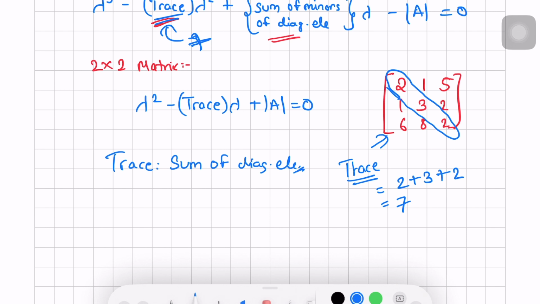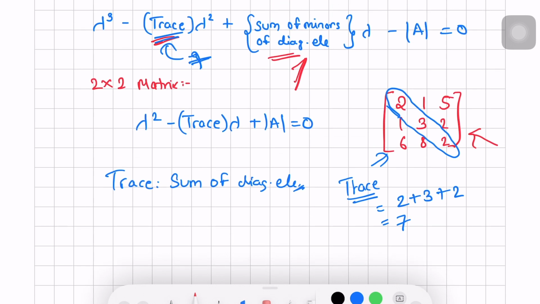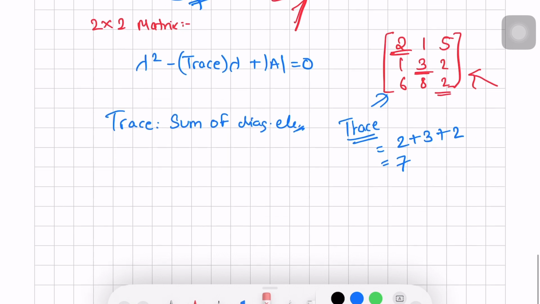Got it? Now coming over to the sum of minors of diagonal elements. In this matrix, first of all, these are the diagonal elements: 2, 3 and 2.